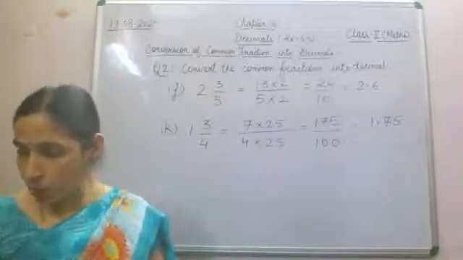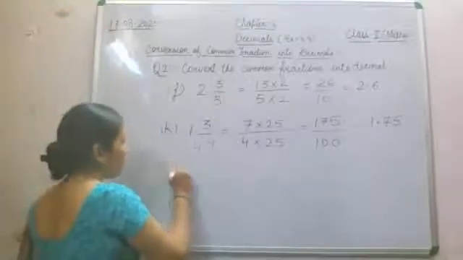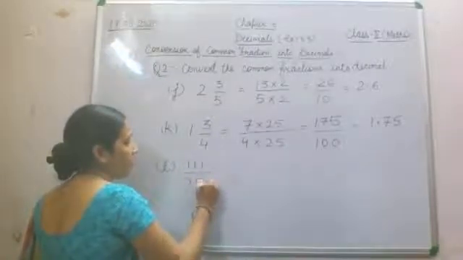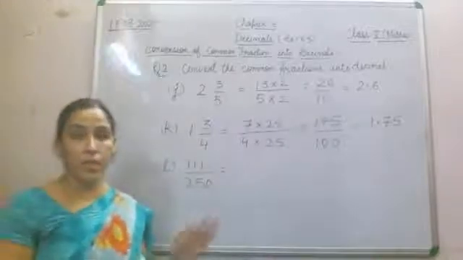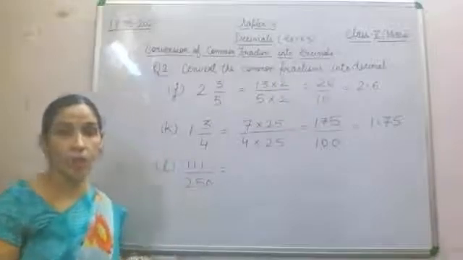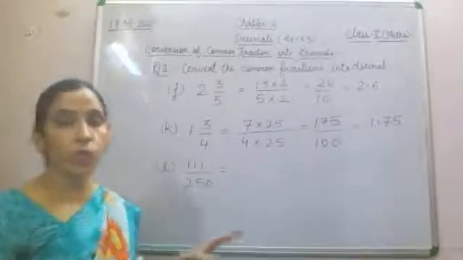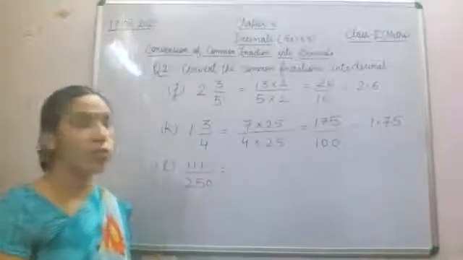And now let's see the L part, which is given. The question is given as a common fraction, but it is a little bit difficult. 250 is in the denominator, and as we are all aware, 250 multiplied by 4 gives 1000.